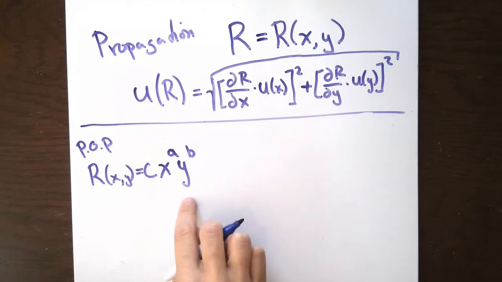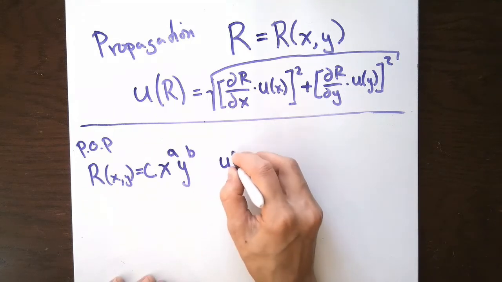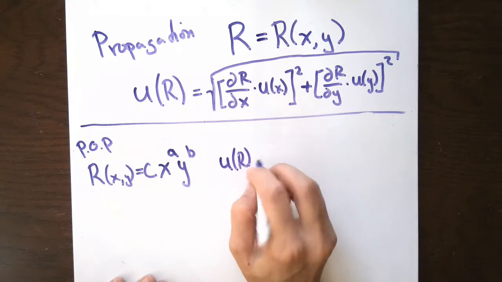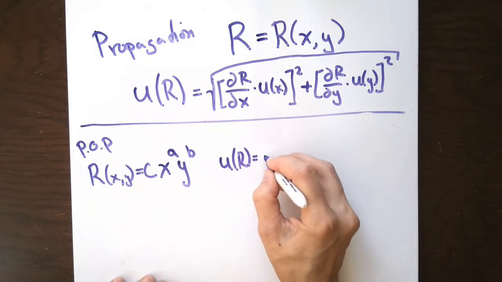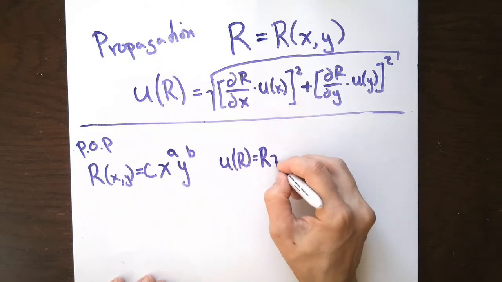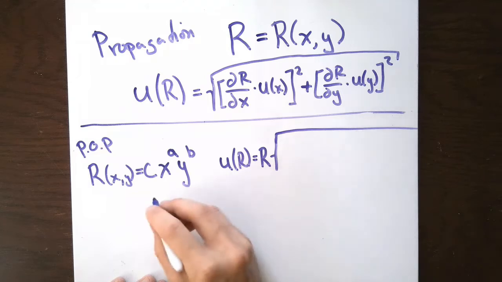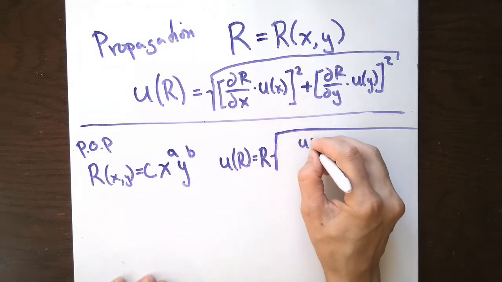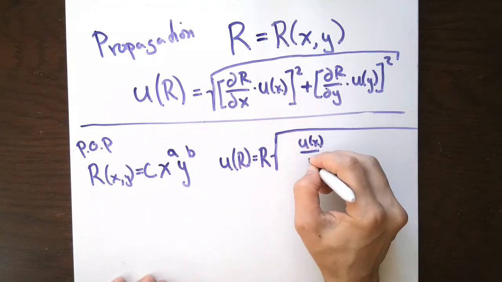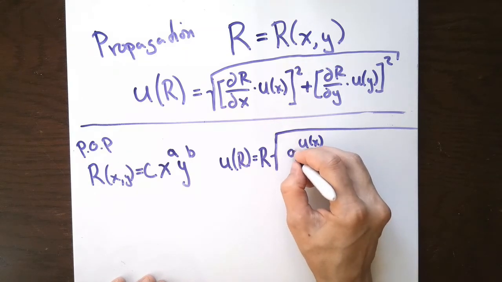So if this is the kind of formula you're using to calculate your value, you calculate the uncertainty of the value r, and you multiply it by the value itself, so r, times the square root of the fractional uncertainty, so that is the uncertainty of x divided by the value x, and then you multiply it by its power.